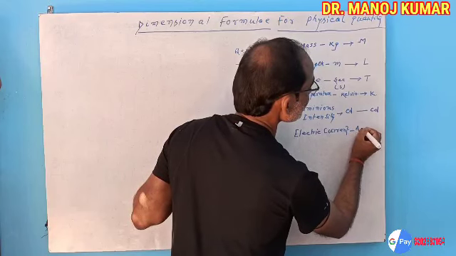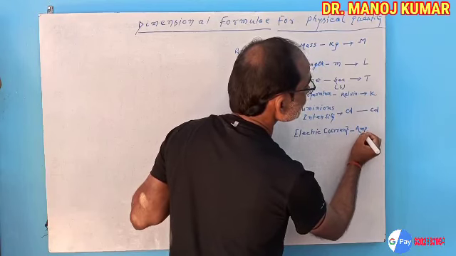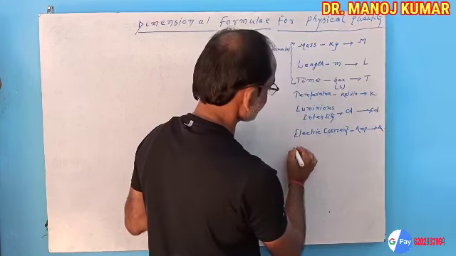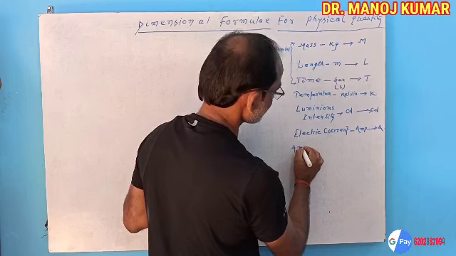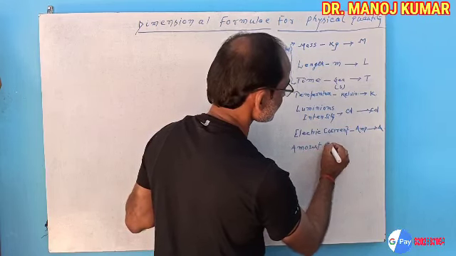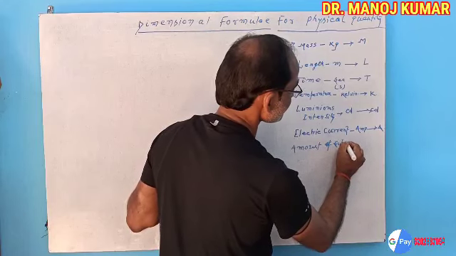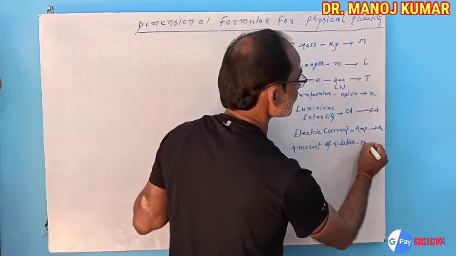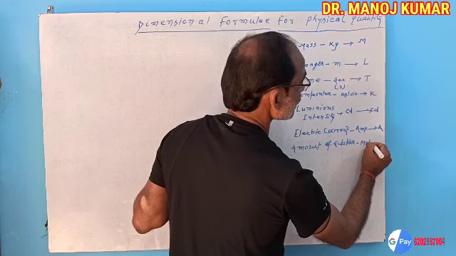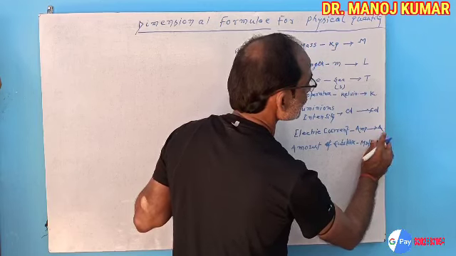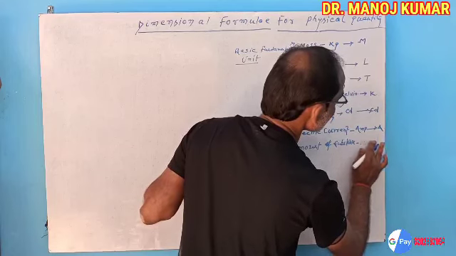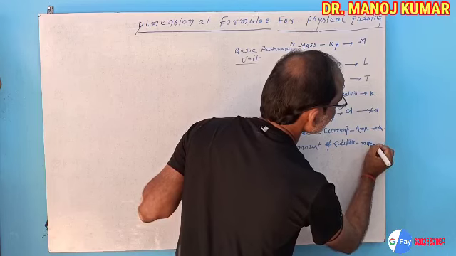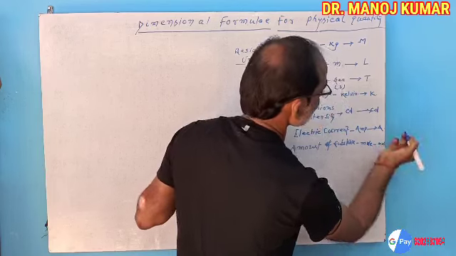Electric current, that can be measured by ampere, represented by A. Last, amount of substance, that can be measured by mole and represented by mole.